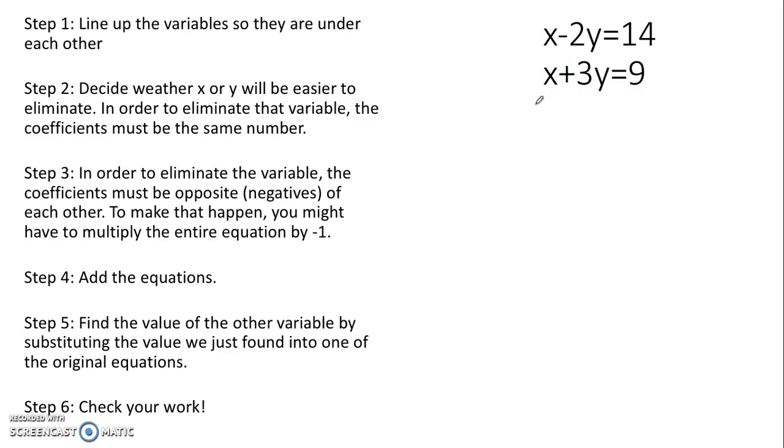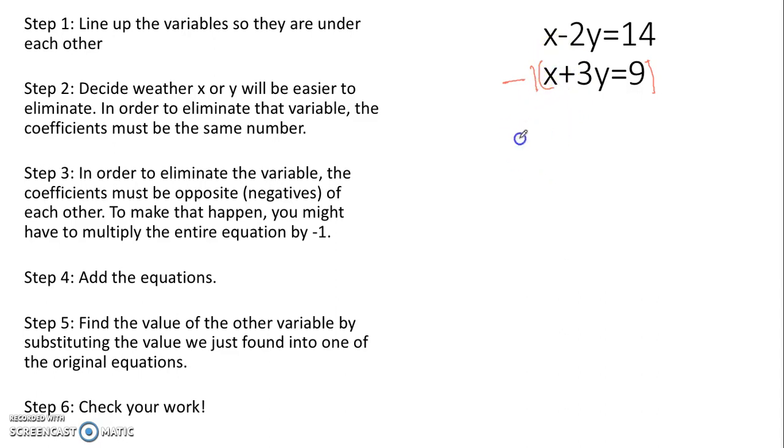We need to make one of the x's negative in order to eliminate. So we simply choose an equation. It doesn't matter which one, so I'm just going to pick the bottom one. Really, it's random. We're going to multiply the entire equation by -1, and that is going to change this x into a negative x.